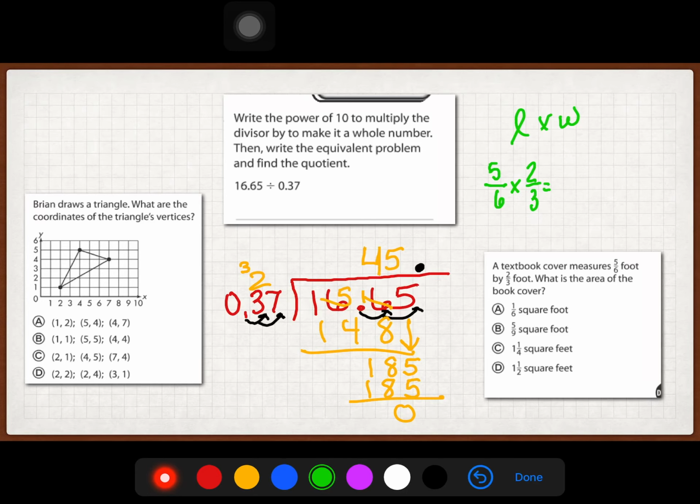You could reduce first if you want, but you multiply your 2 numerators and your 2 denominators to get your answer, which is not down there, which means that maybe this could be simplified. I can divide 10 and 18 both by 2. 2 is a factor of both numbers. So 10 divided by 2 and 18 divided by 2 leaves me choice B for being brilliant.